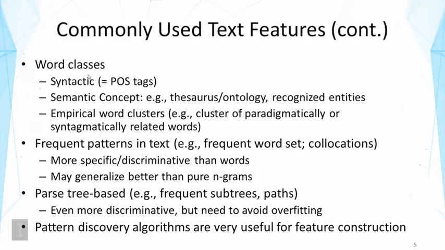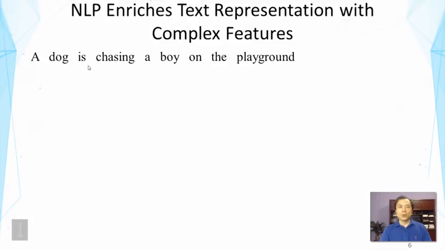In general, pattern discovery algorithms are very useful for feature construction because they allow us to search in a larger space of possible features that are more complex than words that are sometimes useful. So in general, natural language processing is very important to derive complex features, and they can enrich text representation.